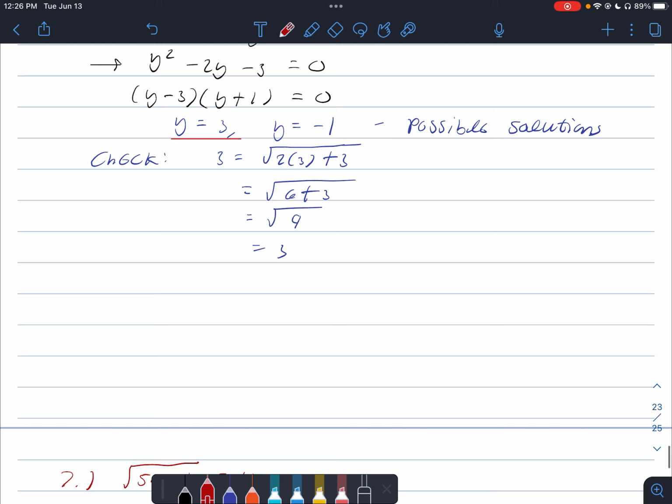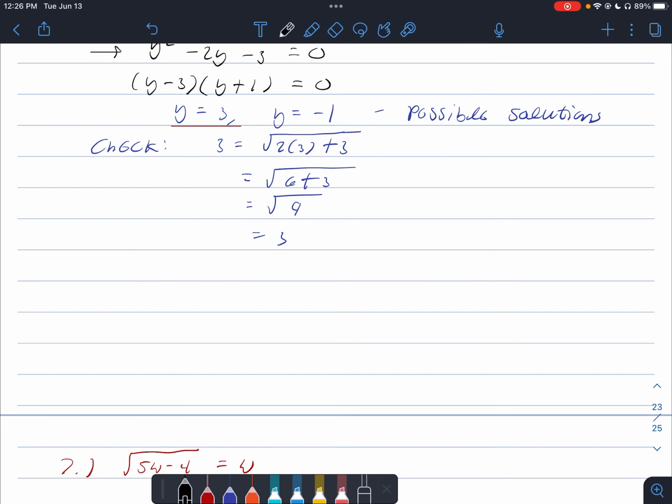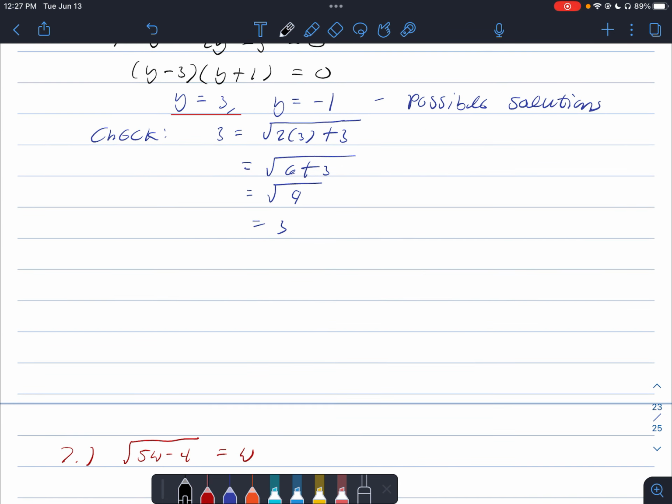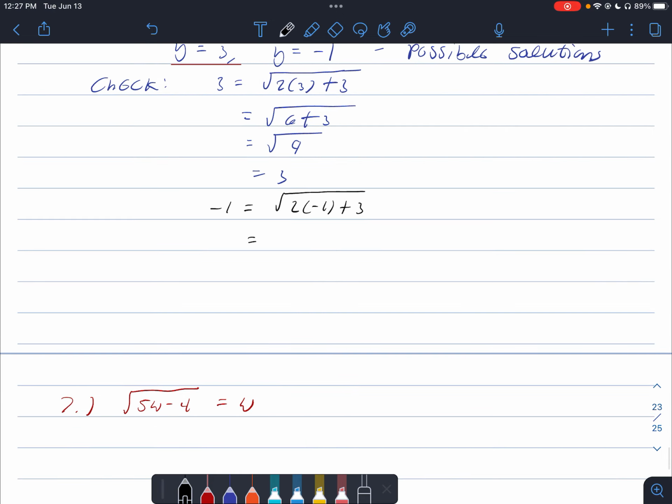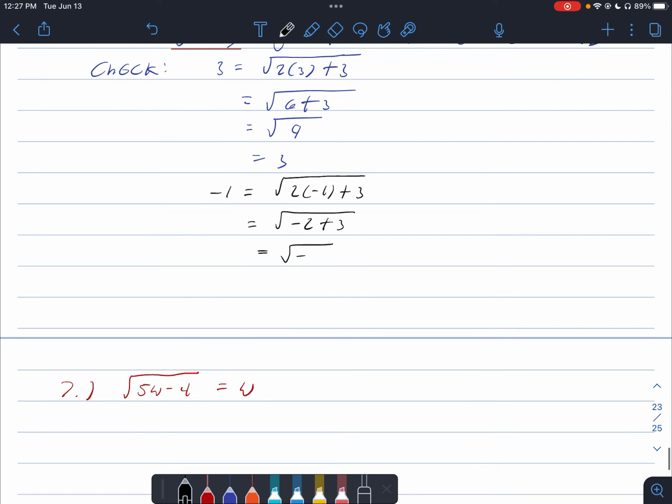All right. And now let's check negative 1. So here we have negative 1 is equal to the square root of 2 times negative 1 plus 3. This will be equal to negative 2 plus 3, which is equal to the square root of positive 1.